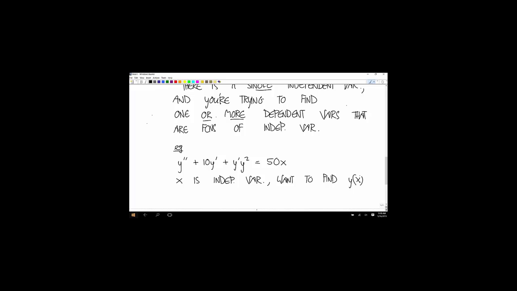Well, the fact that I'm using that prime notation indirectly tells us that that's the case. Because if there was another hidden independent variable in here, like say this function y depended on x and c, we wouldn't use this prime notation. We'd use partial derivatives. We'd say this was the second partial derivative of y with respect to x.